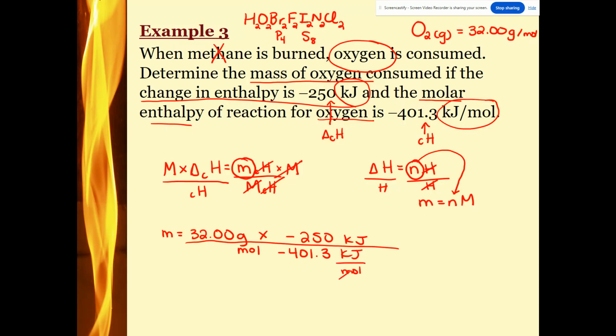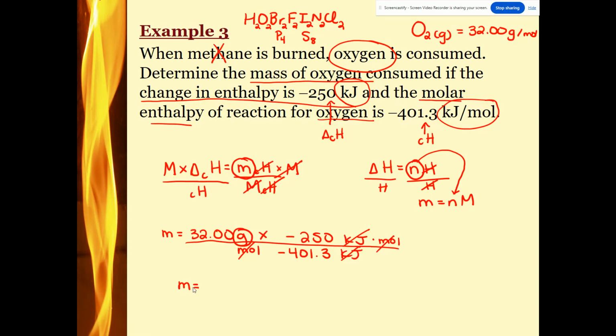And again, I'm going to move that mole to the top. Okay? So looking at my unit analysis, my kilojoules cancel because they're on the top and the bottom, and my moles cancel because they're on the top and the bottom. So I am left with grams on the top, which indicates that yes, we've rearranged this formula correctly.